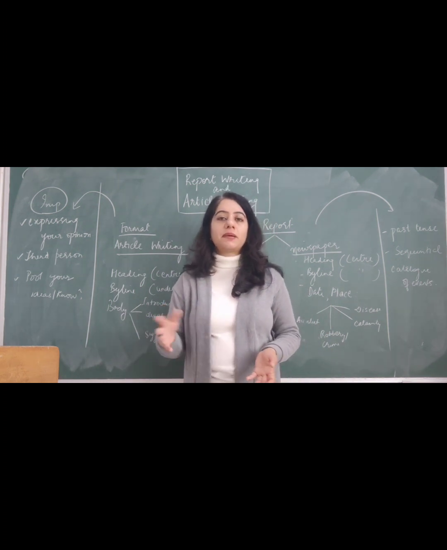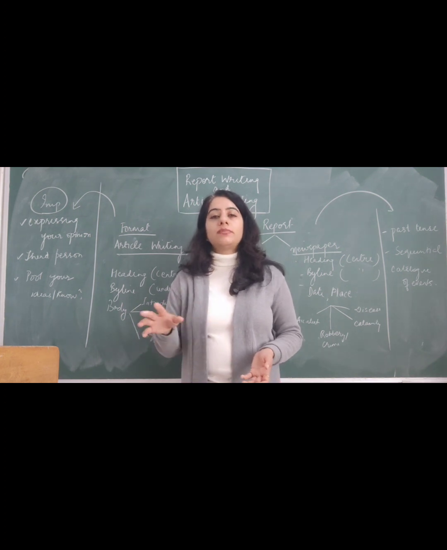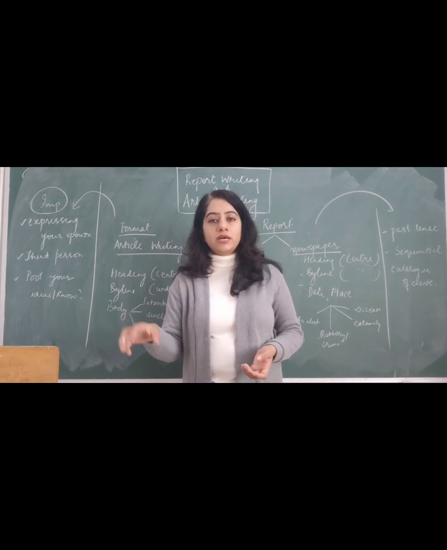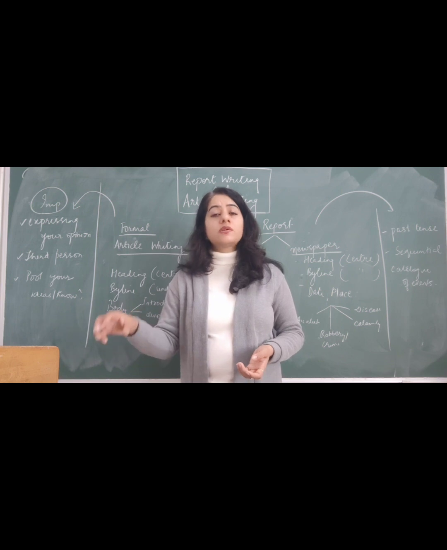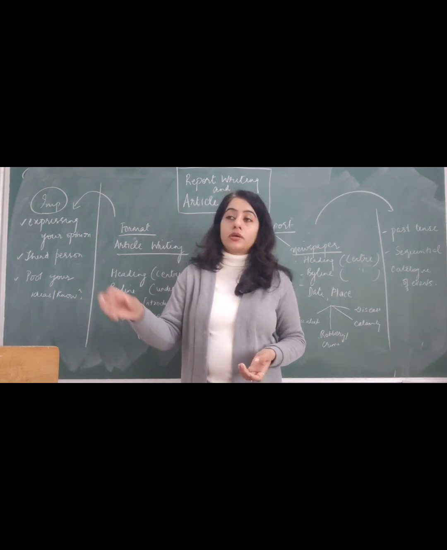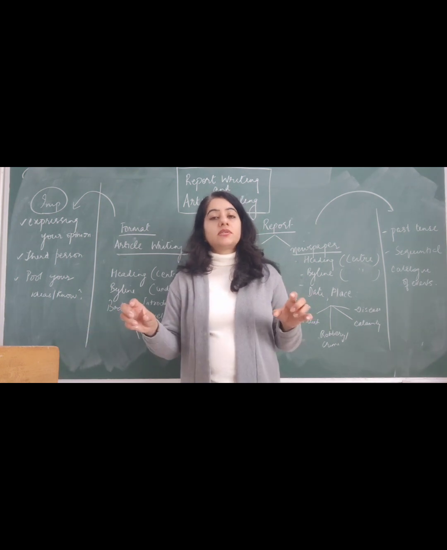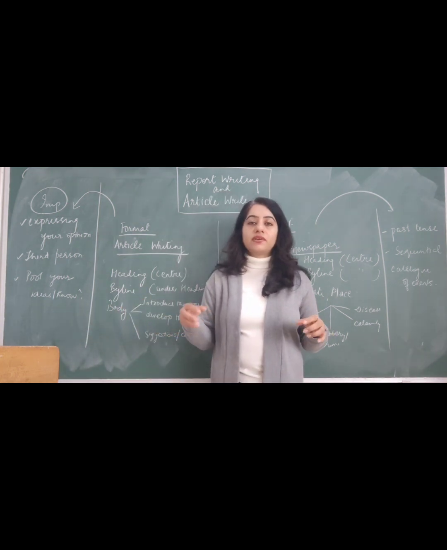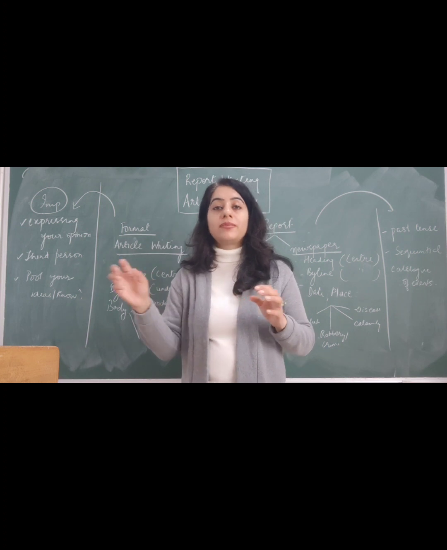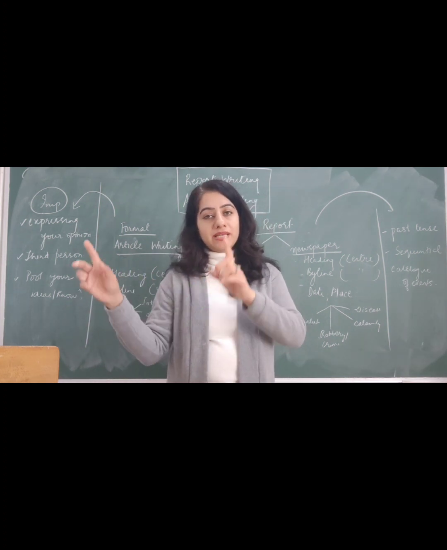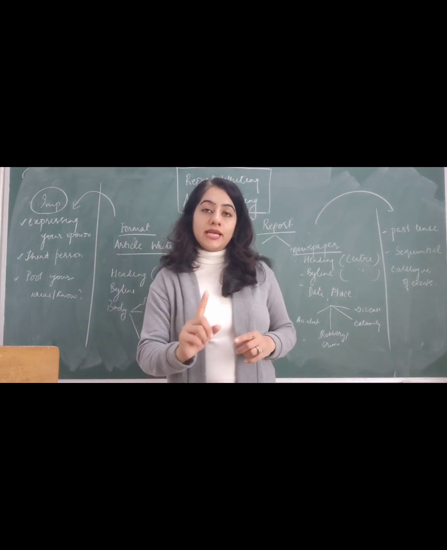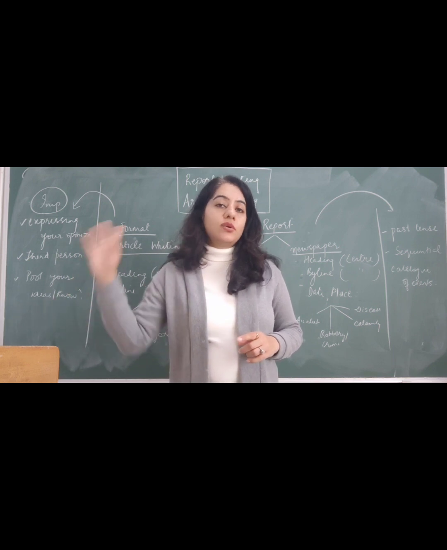Suppose it is ABC Public School. So how will you go about it? ABC Public School, Noida, organized a cultural program on, you can state the title there, whatever name was given, comma, Ehsas, suppose the name of the program is Ehsas, on this date in the school premises.